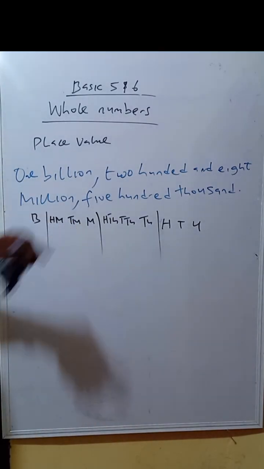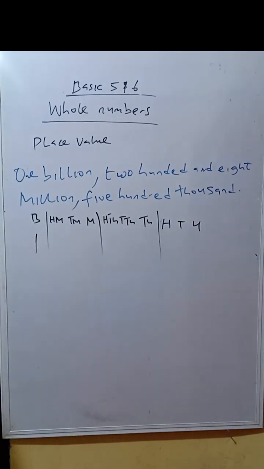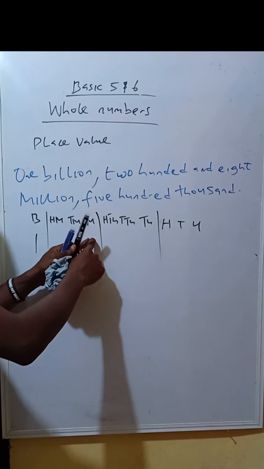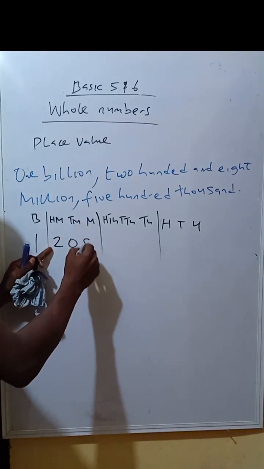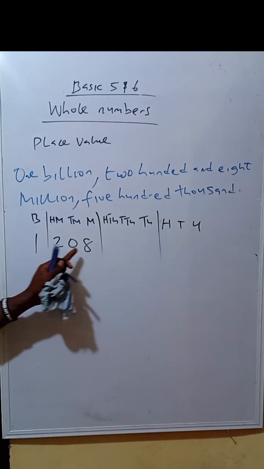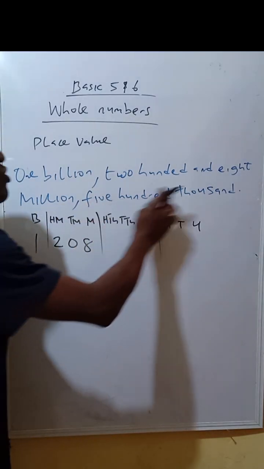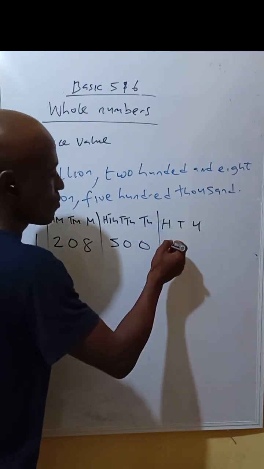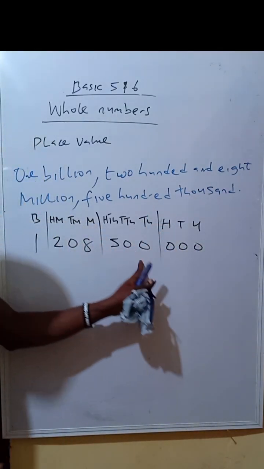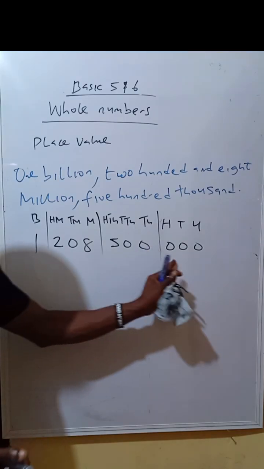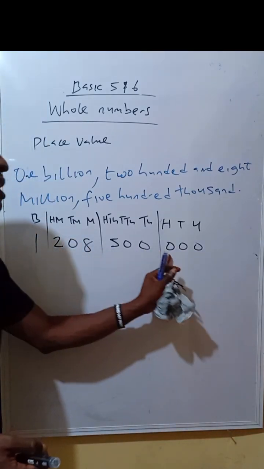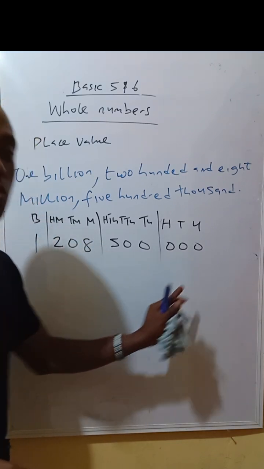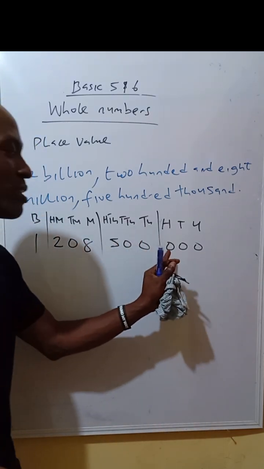Then begin to place the digits. 1 billion, then 208 million, then 500,000. 1,000 is 1,000. 2,000 is 2,000. 3,000 is 3,000. 40,000 will be 40, then 30,000. 500,000 will be 500, then 3 zeros.